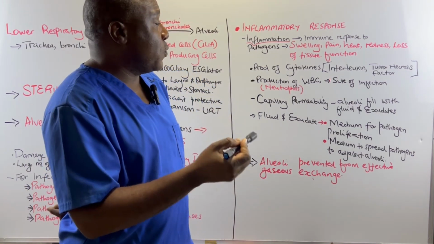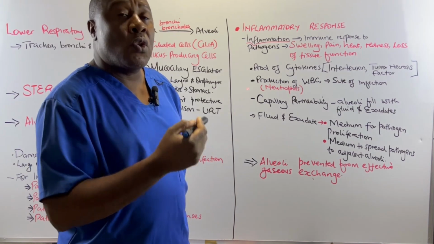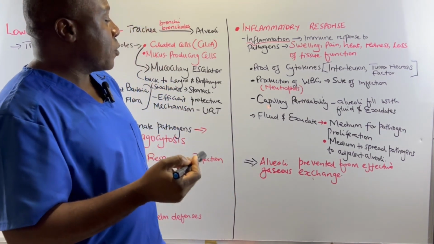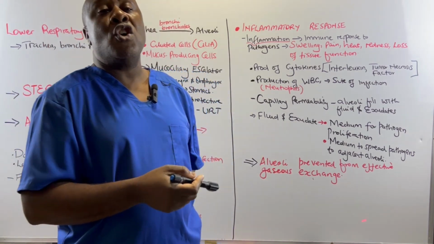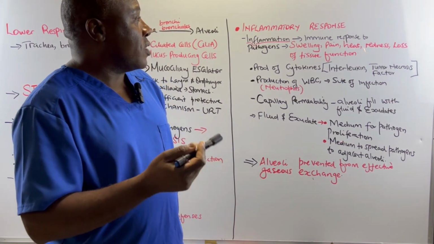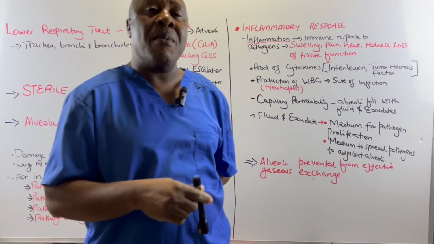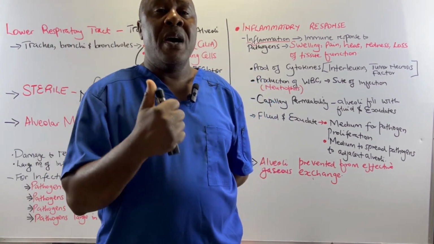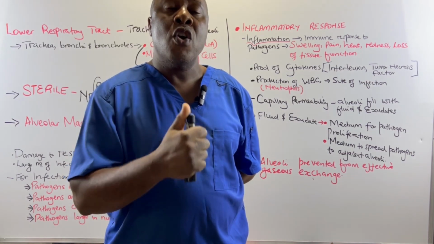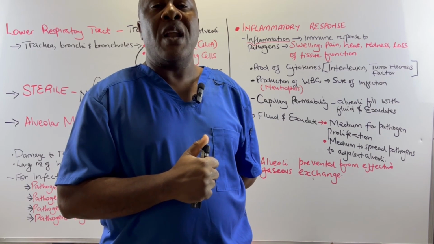So when we have that infection, especially in the alveoli, we are not going to have a good gaseous exchange, and we find that these patients are going to have a problem with breathing, and especially are going to experience things like shortness of breath. So that's an immune response that occurs when pathogens are able to dodge all the upper respiratory system defense mechanisms, and also they are able to overrun the phagocytosis process in the alveoli.